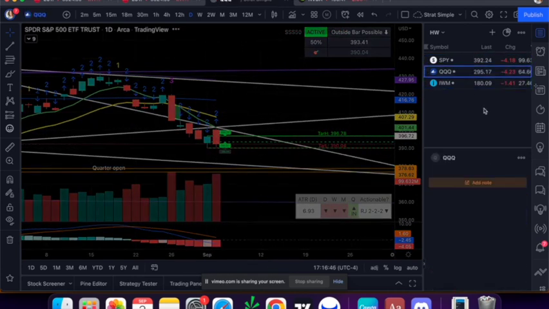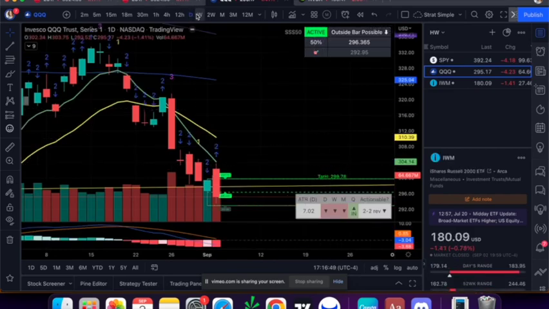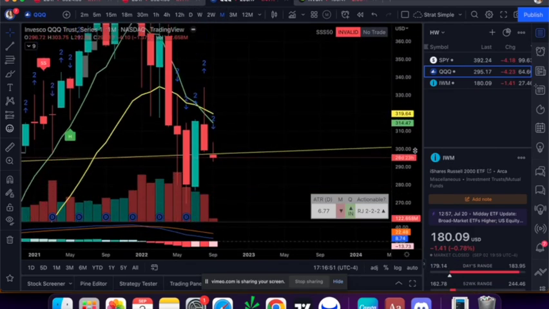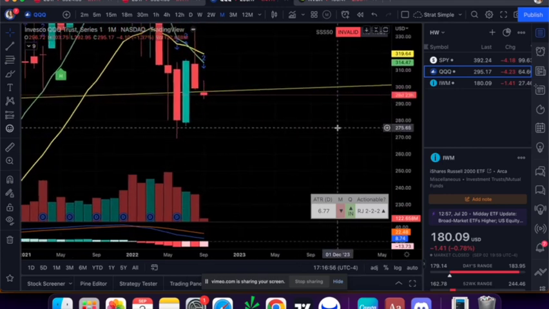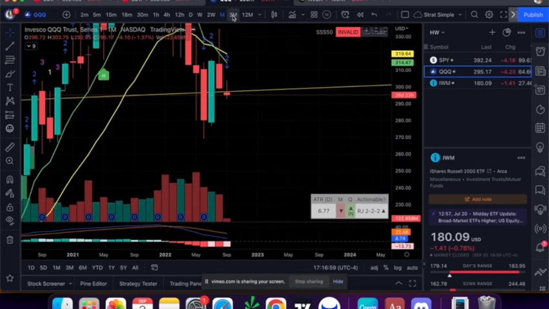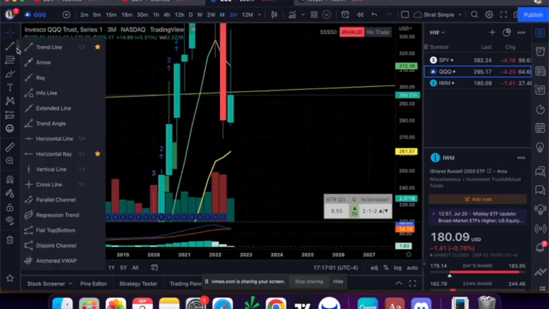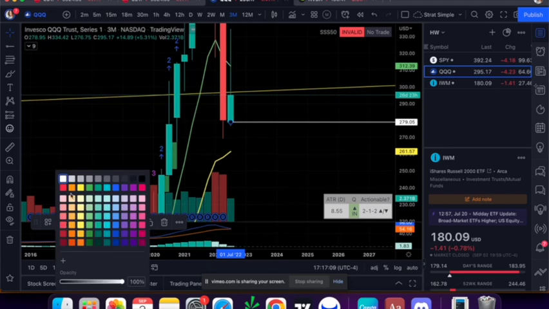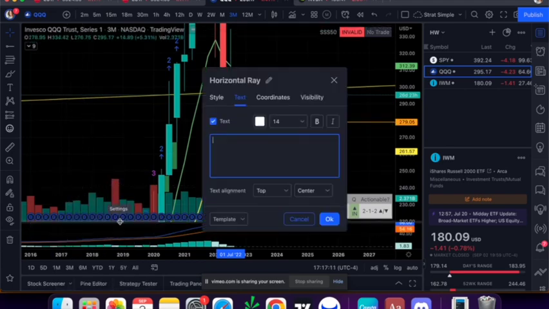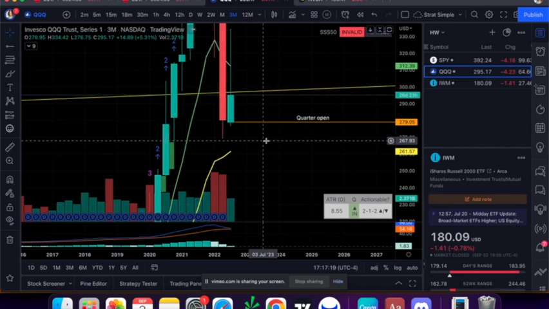And so the QQQ, same thing on the month. Triggered to the downside. Shooter is in force. I did not have the quarter open here, which is right here. $279.